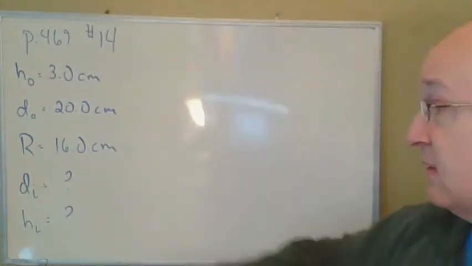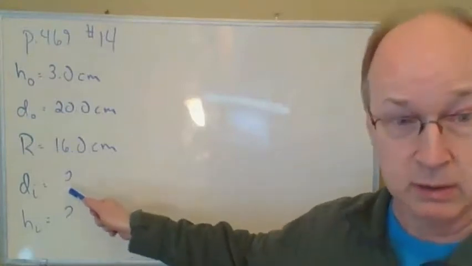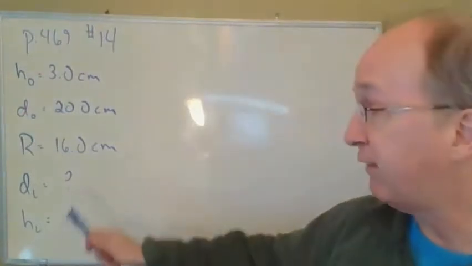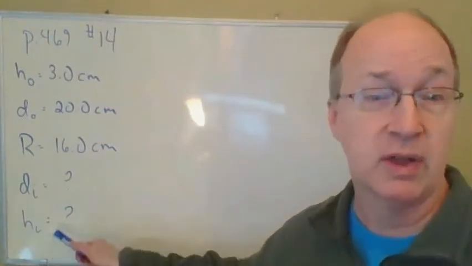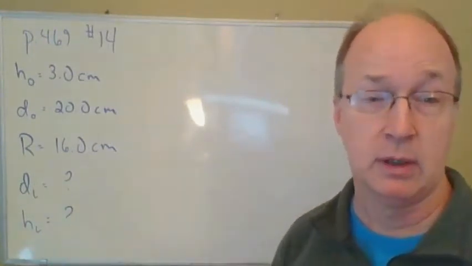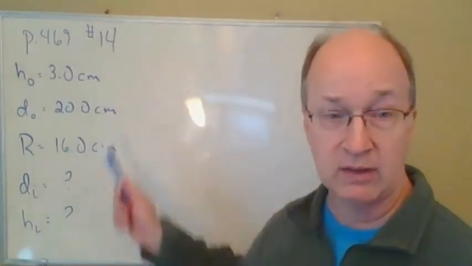And then the question asks, find how far the image is from the mirror, DI, the image distance, and find out the size of the image or the height of the image, HI. So that's what we know, and that's what we're going to find out.